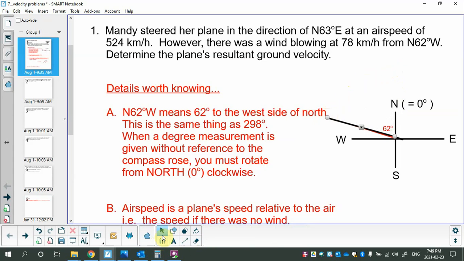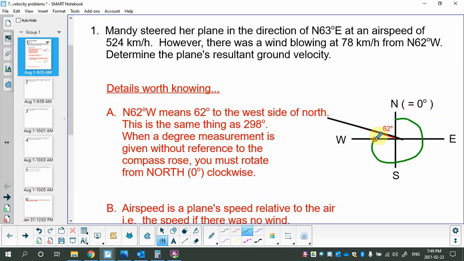And this is the exact same thing as straight up 298 degrees. And the reason is because if you count north as 0, which is typically how it's done, when a degree measurement is given without reference to the compass rose, so without the north, south, east, west references, then you're supposed to rotate clockwise. So that is with the hands of the clock.